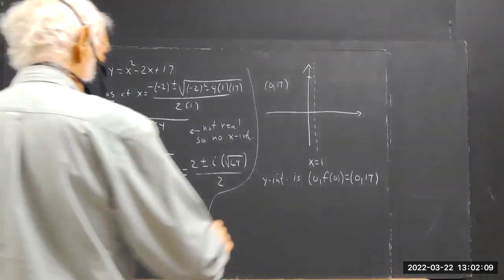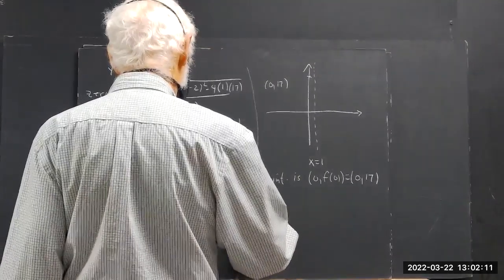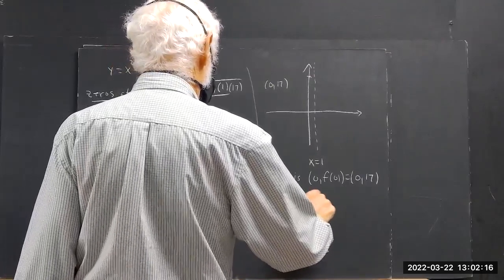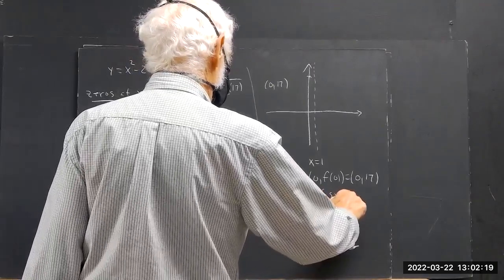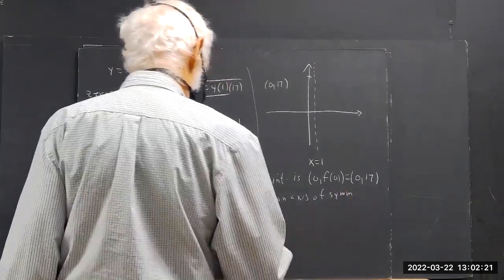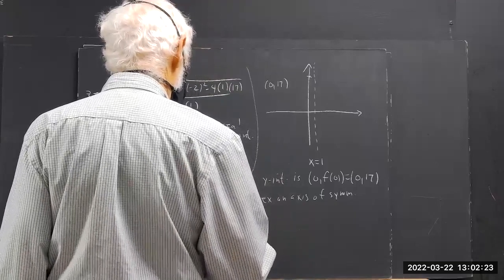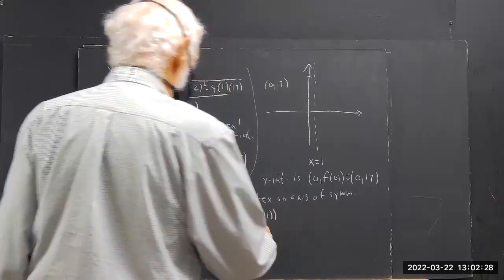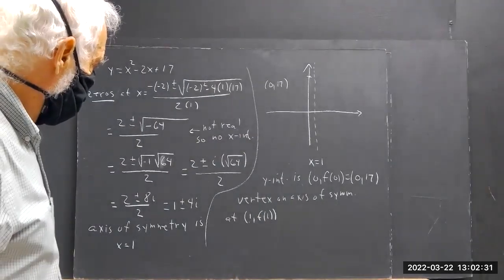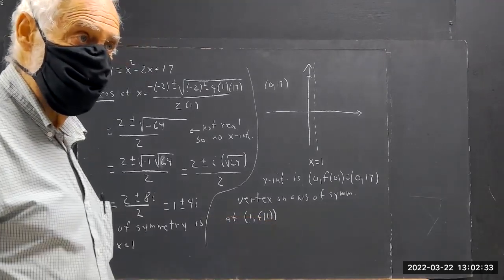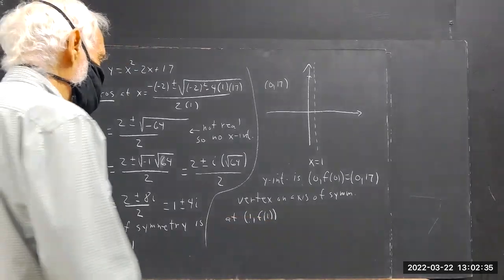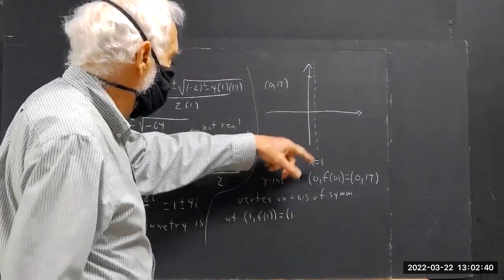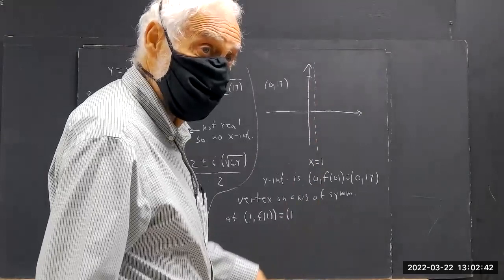The vertex is on the axis of symmetry, which occurs when x equals 1. So say it's at the point 1, f of 1, meaning the x coordinate is 1, so it's got to be on this dotted line.